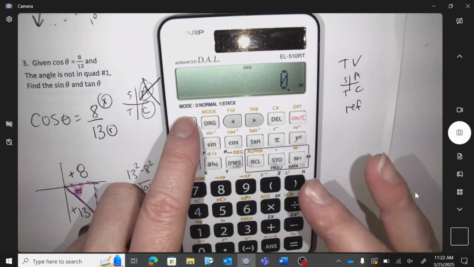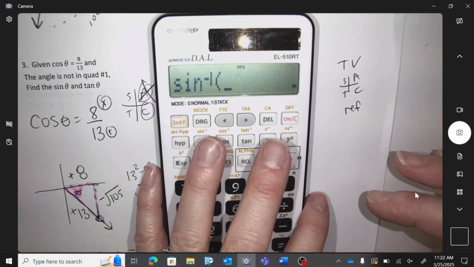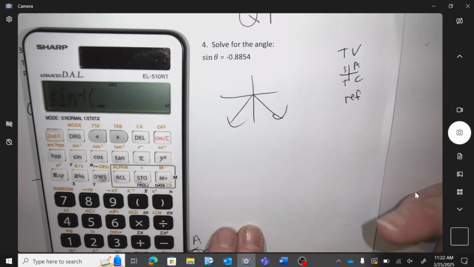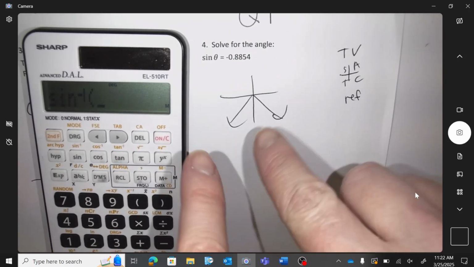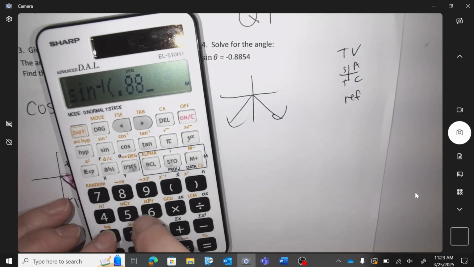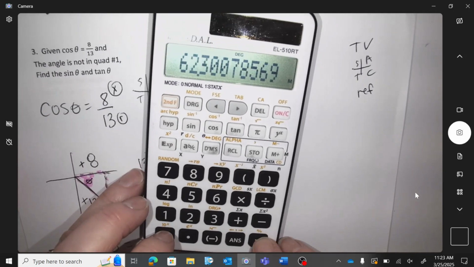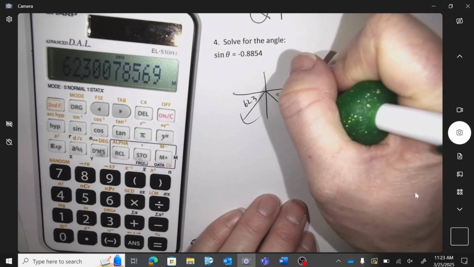So in degrees, I'm going to sine inverse. What do I have to remember when I'm doing this calculator business? Don't write the negative because the negative is in the spots, not the math. So 62.3 degrees.